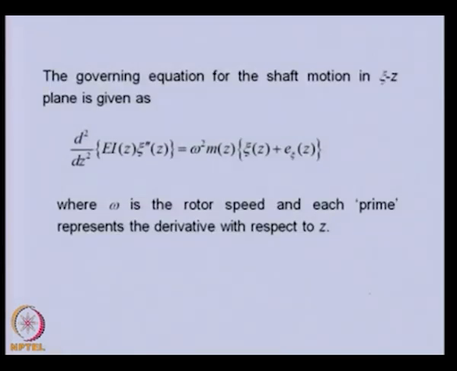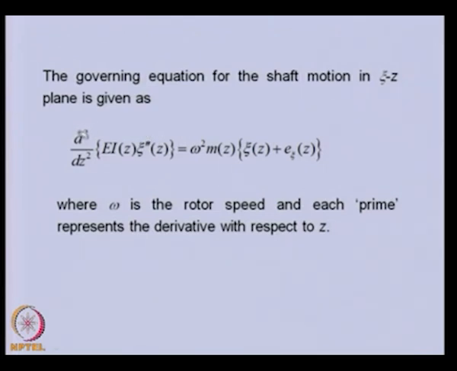Now we will take up the governing equation of the shaft in the continuous system approach, and we are taking this in the xz plane. This is the equation of motion which we derived during the transverse vibration when we considered the continuous system approach. You can see this prime is the derivative with respect to z, and double prime means a double derivative with respect to z.